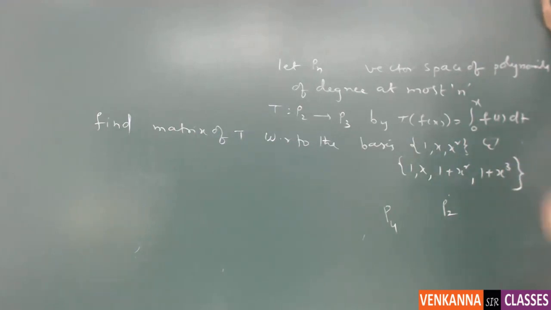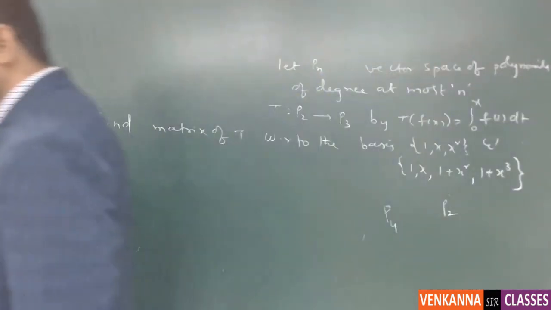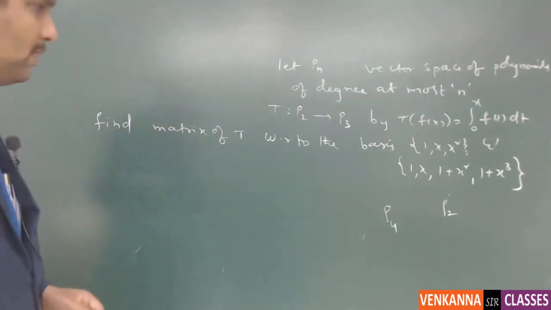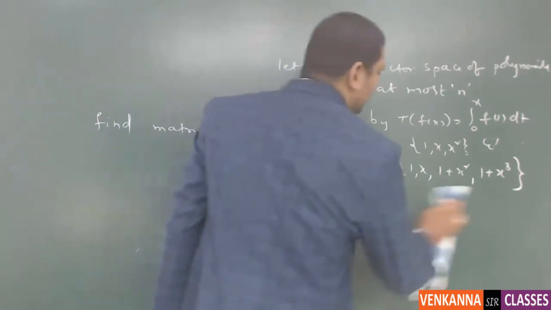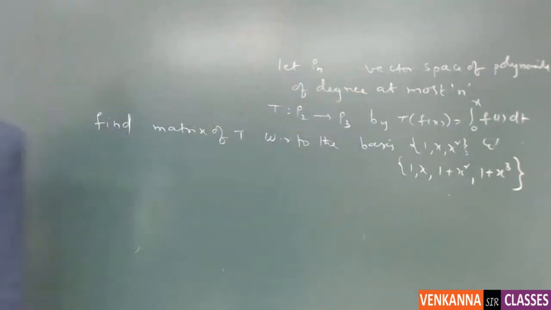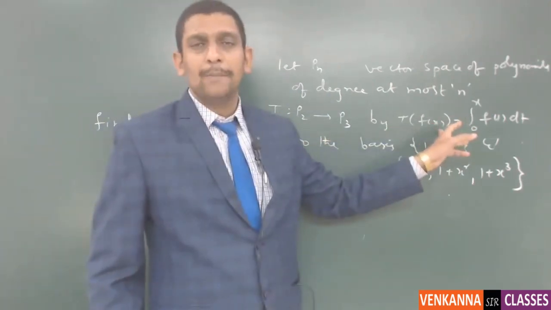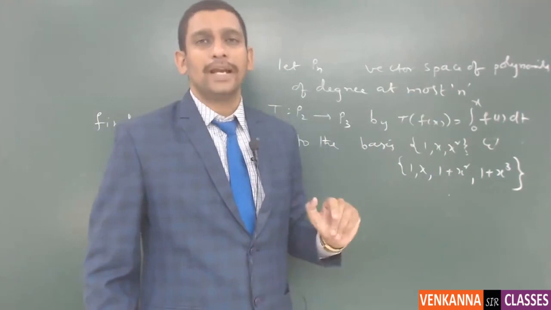Now, did you get the question concept here? What it is asked actually? Right. Now let us begin the part. So please understand how the transformation is defined. Whatever the polynomial you take, you are integrating it between the limits 0 and x.